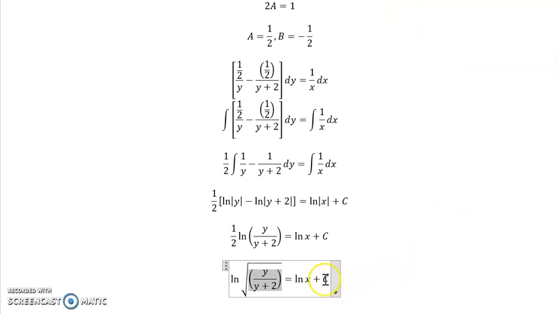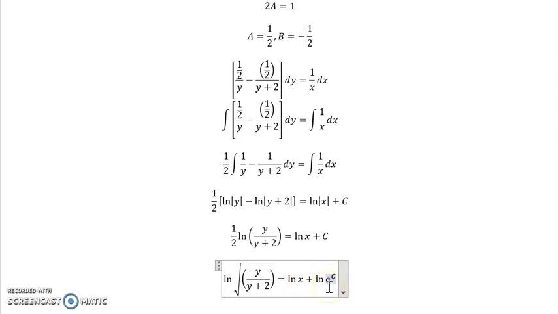And the c constant over here, what I can do is rewrite it as ln e to the c. And then I can combine these two log expressions together.